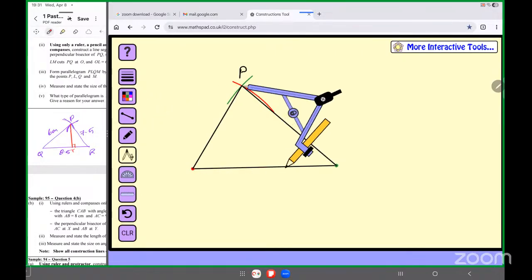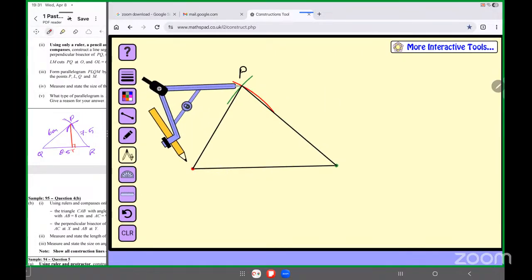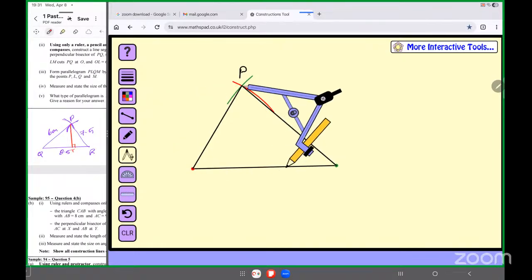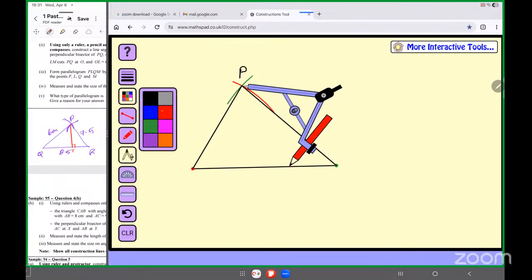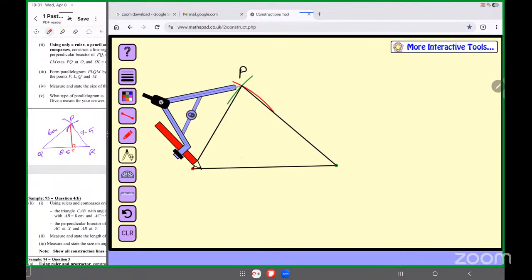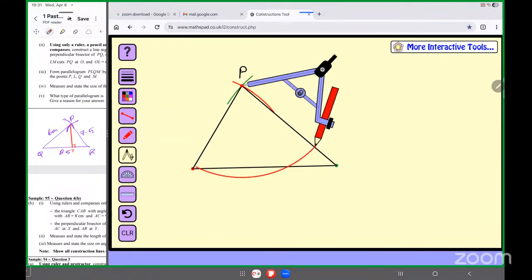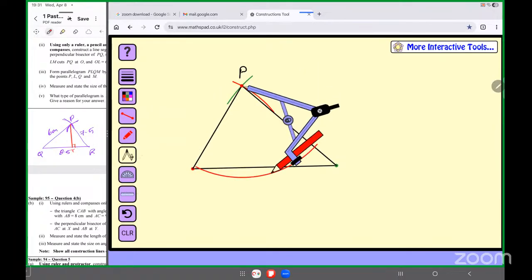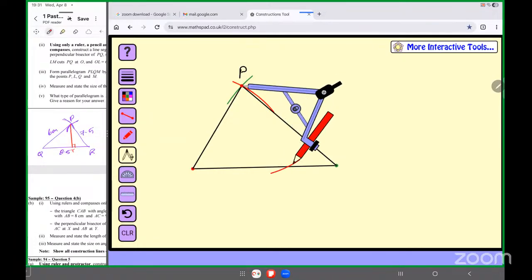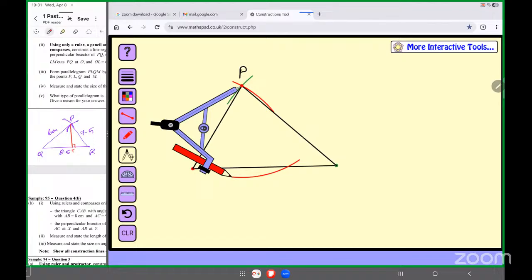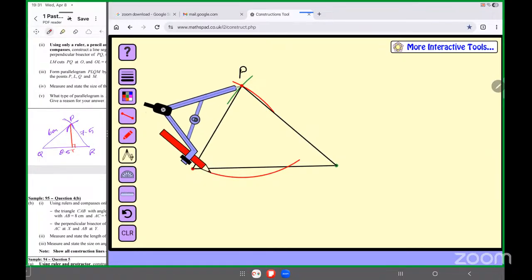So if I make an arc now, it will cross it at 2 points. Let's make that arc in red. See there? Too much. Let's go again, from here to here.